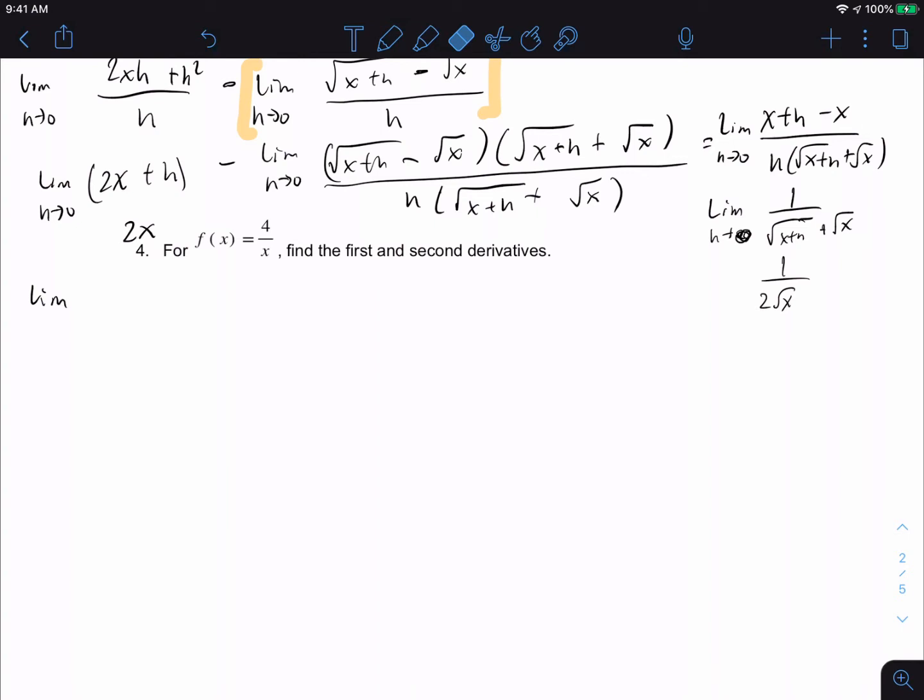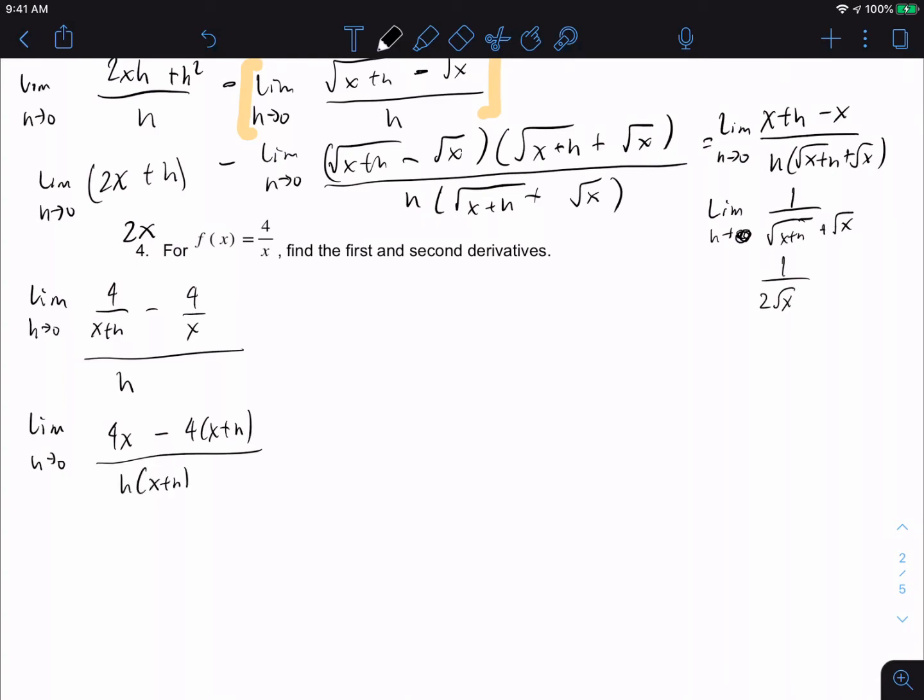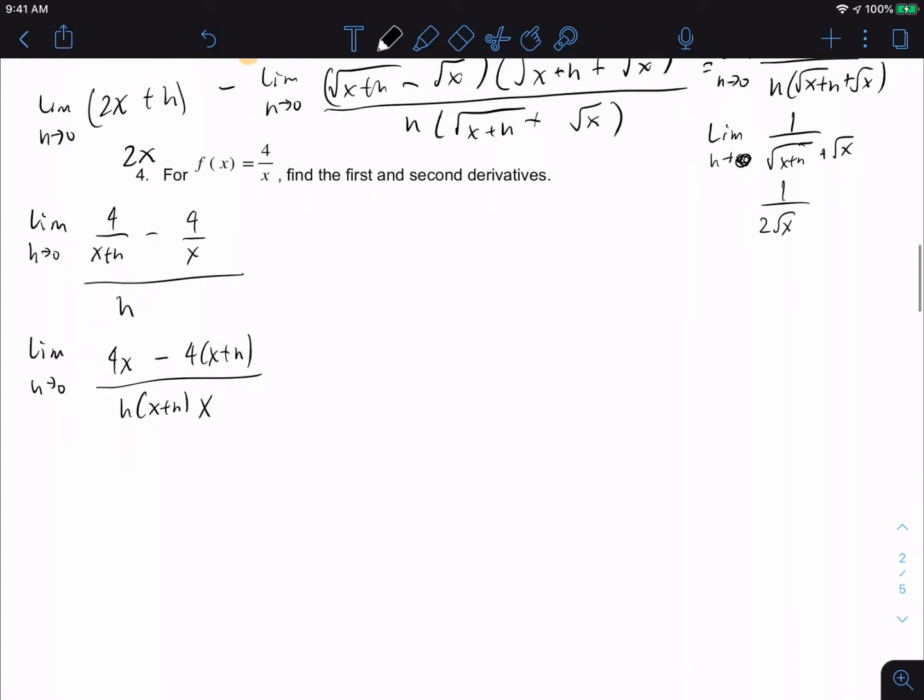Okay, so the limit as h goes to 0 of 4 over x plus h minus 4 over x, all over h, is going to become the limit as h goes to 0 of 4x minus 4 times x plus h, all over h times x plus h times x.